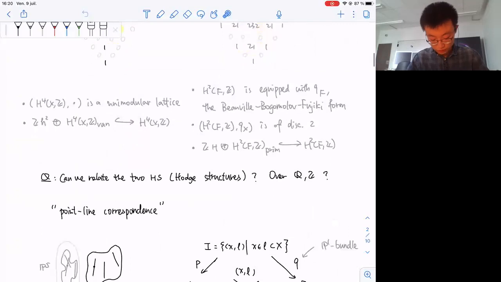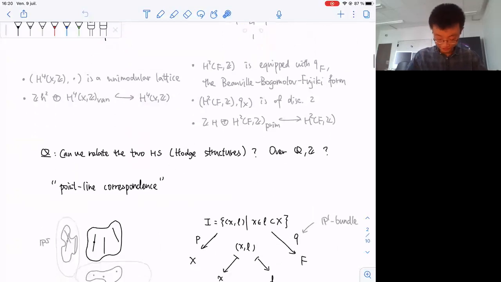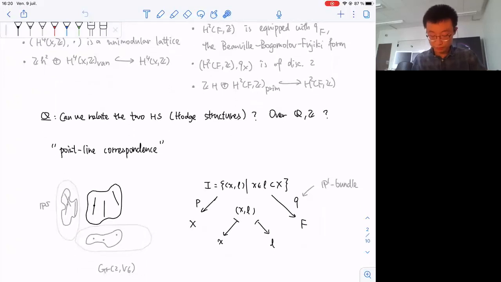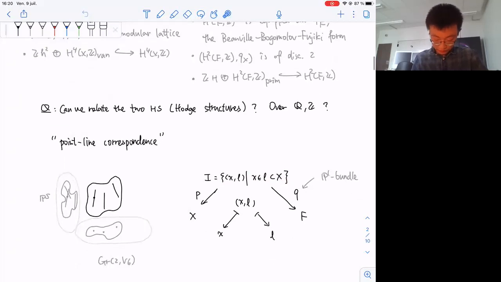And to do this, we use the point-line correspondence that we already saw this morning. So I consider the set of pairs of a point and a line, such that the point is contained in the line and the line is contained in the cubic. This admits naturally two projections to the cubic fourfold and the Fano variety of lines.